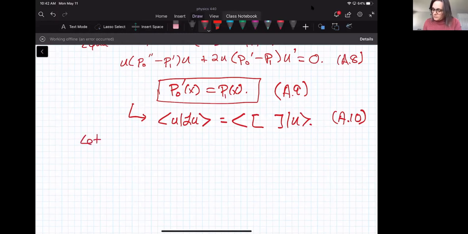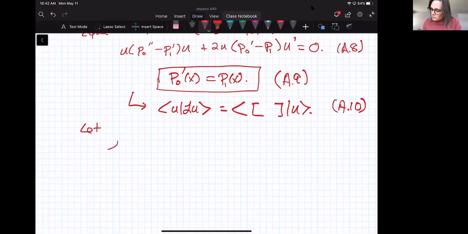So let's let L bar u be equal to d squared/dx squared p naught u minus d/dx p1 u plus p2 u. This is just taking out what's in this bracket up here.